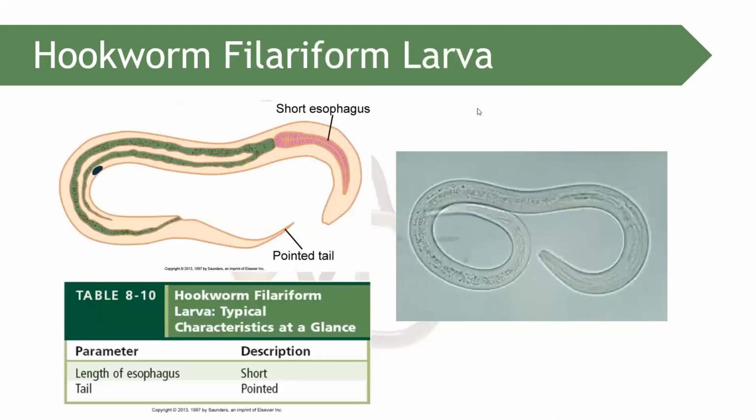Now, our Filariform, yung esophagus niya, short. Yung kanyang tail, pointed. And take note, small or short ang kanyang buccal cavity.